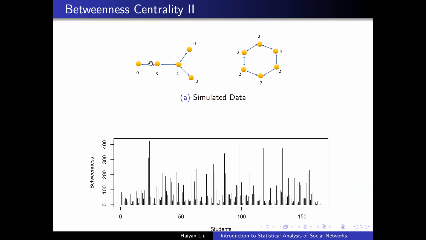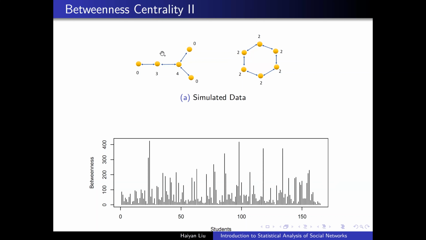Now how about the second actor? We first look at any other pair of actors, for instance this actor and this actor. How many shortest paths exist between the first actor and the third actor? There is only one. How many of them involve actor 2? The one includes actor 2.